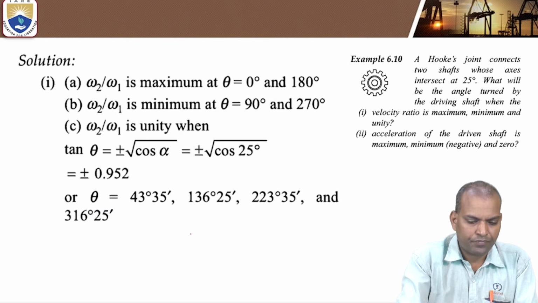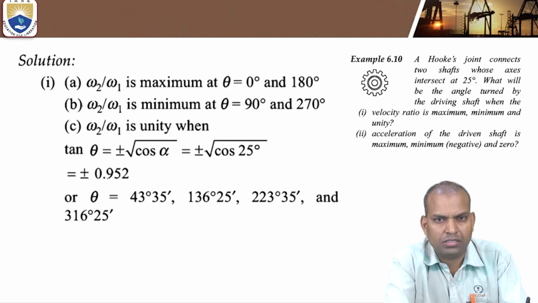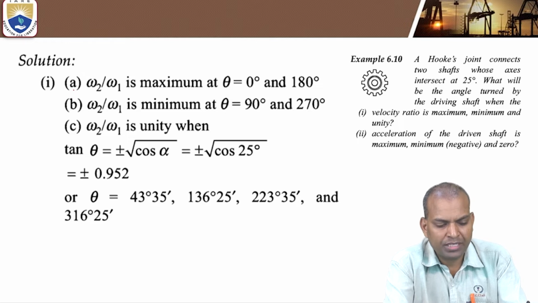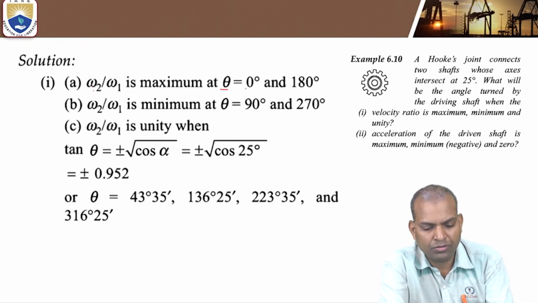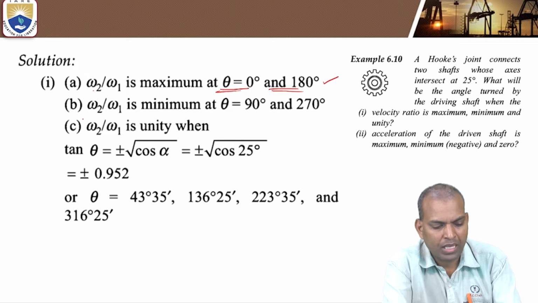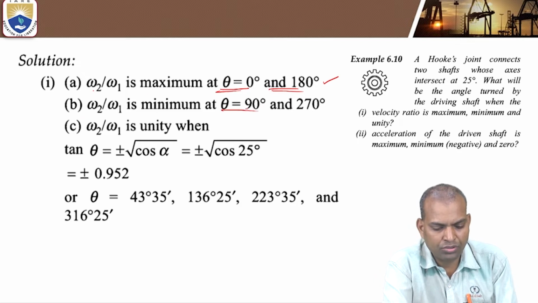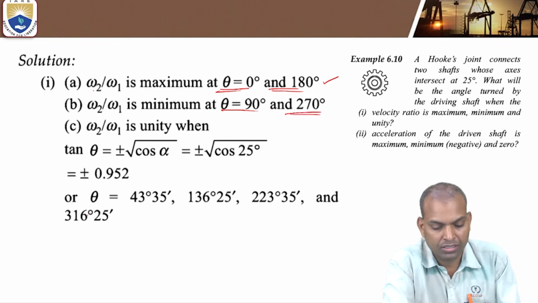How to start? We have already proved these conditions of a Hooke's joint or universal joint. The angular velocity ratio omega 2 by omega 1 is maximum at theta equal to 0 degrees and 180 degrees, and it is minimum at theta equal to 90 degrees and 270 degrees, not Celsius.